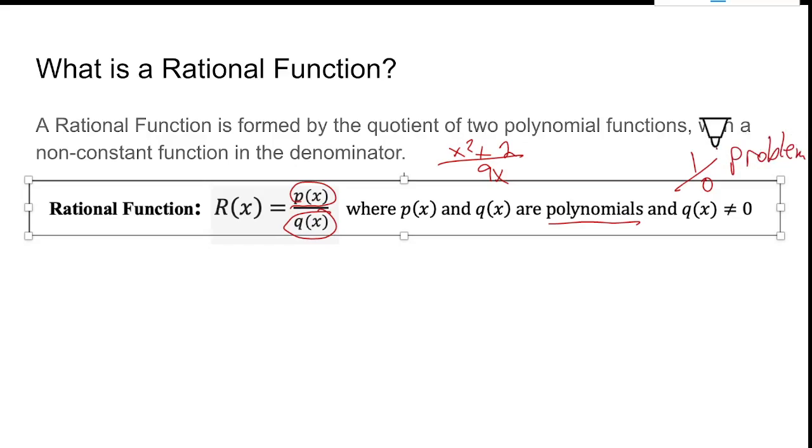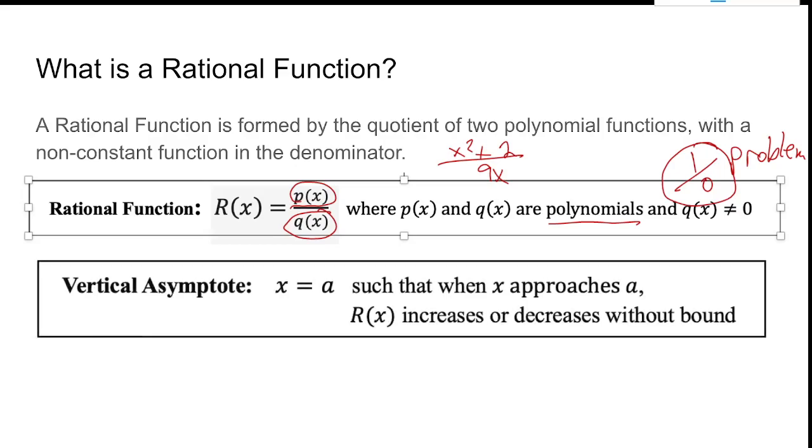And actually, we're going to see that where q of x would be equal to 0 is going to give us a special feature of the graph. So with rational functions, we basically have two important features to take a look at, and that's what the discussion will be today.